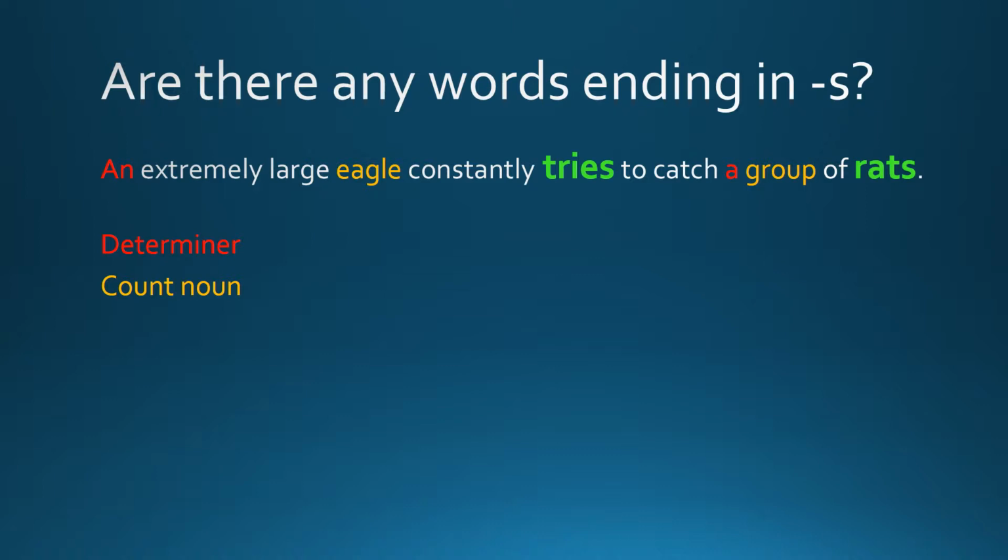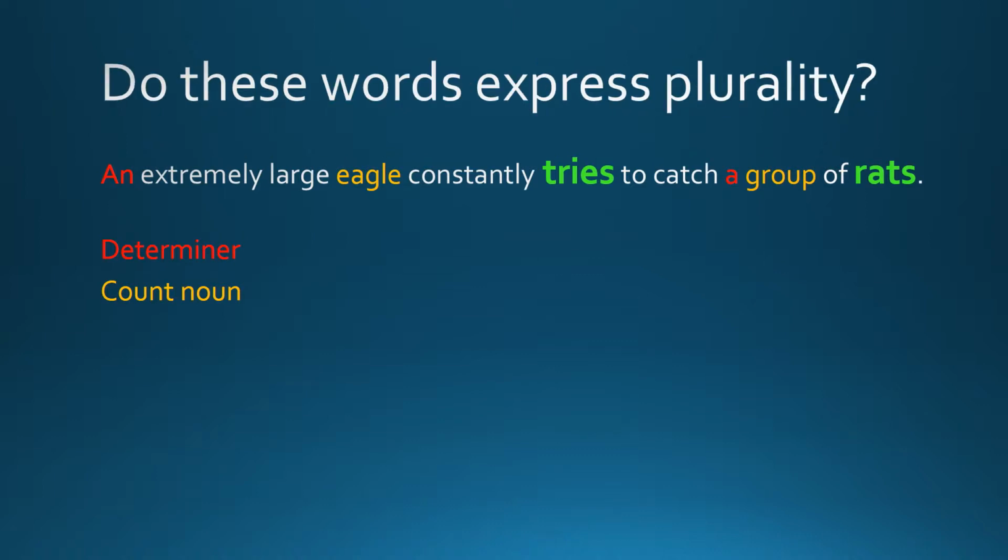Now, once we've found them, we have to ask another question. Do these words actually express plurality? And remember, plurality means are there more than one? Now, if we think about rats, then yes, rats is more than one rat, and that means that rats must be a count noun, because only count nouns can be plural.